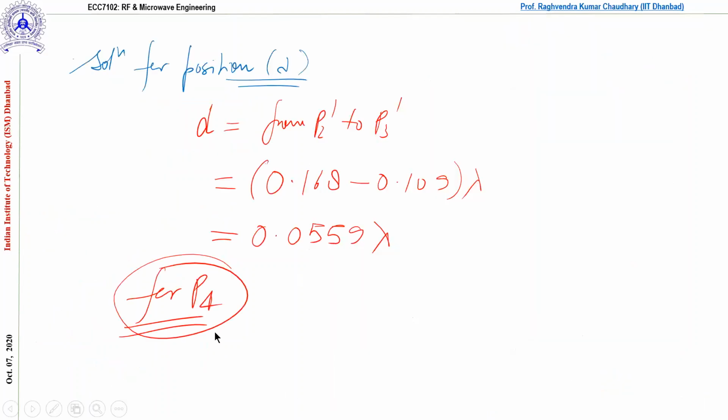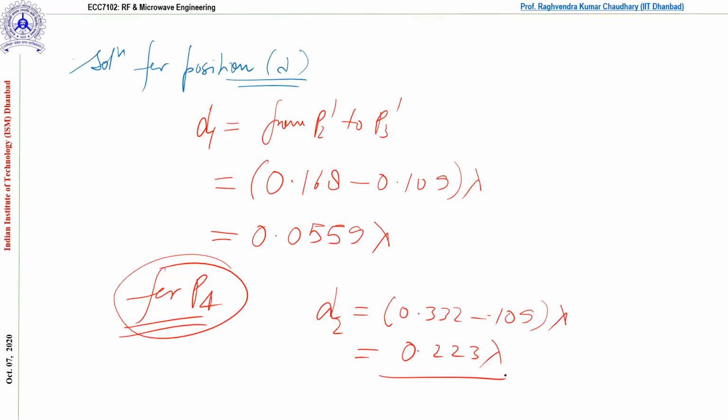So for P4, the D will be, let's say D1 for the first and D2 for this one, another set of solution. You have to find which one you want to take based on these things, and sometimes you have to justify your solution as well. So this is 0.332 minus 0.019 lambda. If you solve, this is 0.223 lambda. So this is one solution, correct?